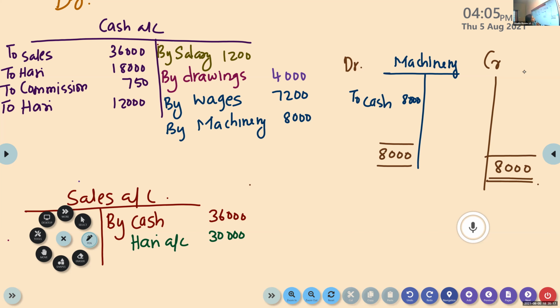So we will write the same 8,000 over here and write balance carried down. We are bringing that side also to 8,000. We are balancing the account.